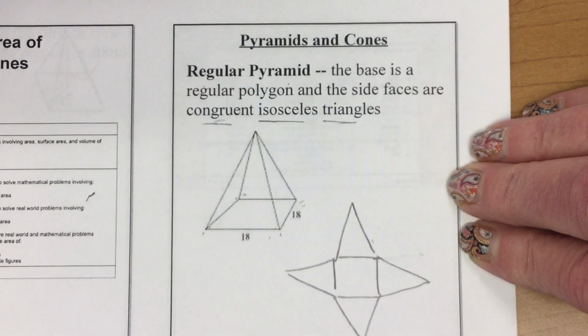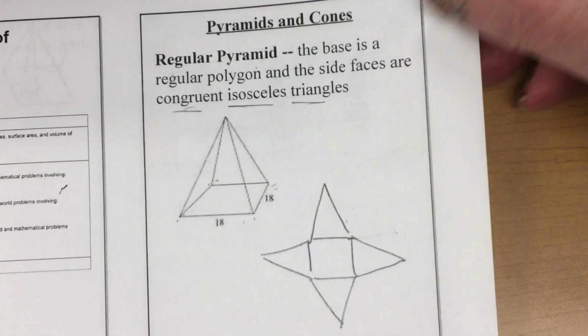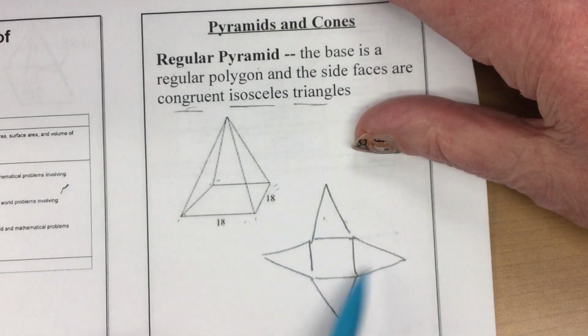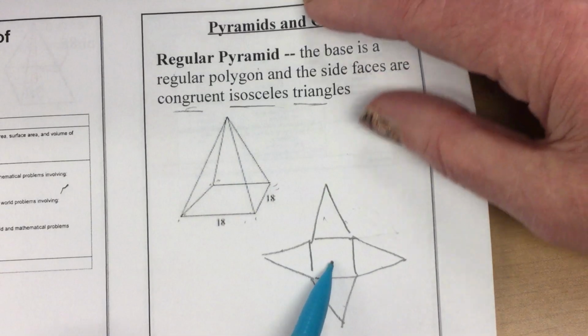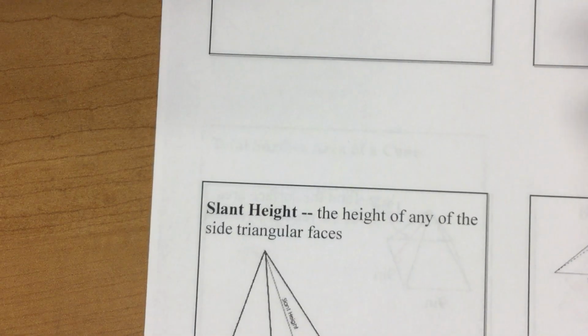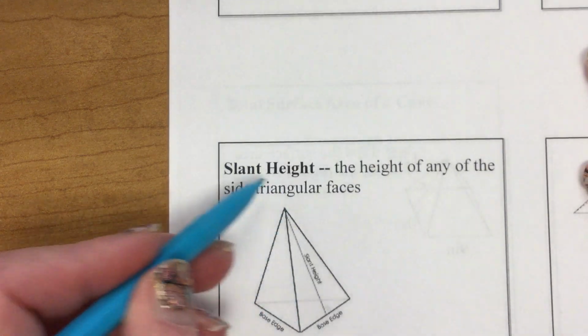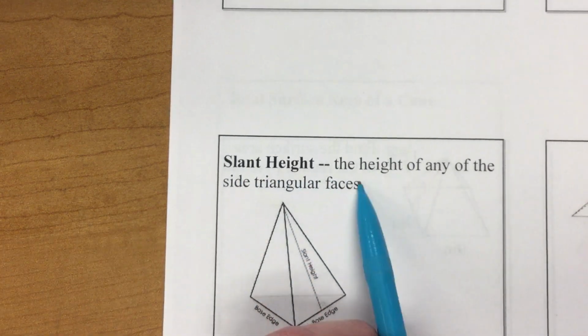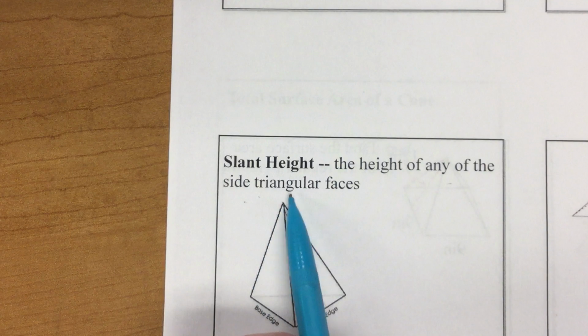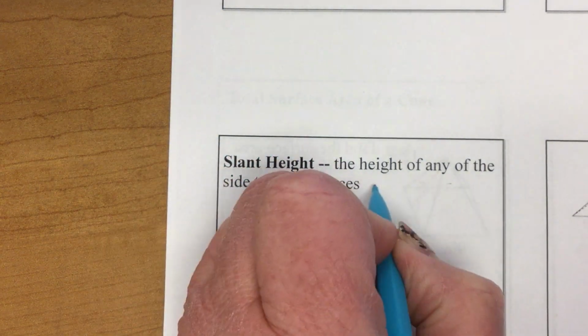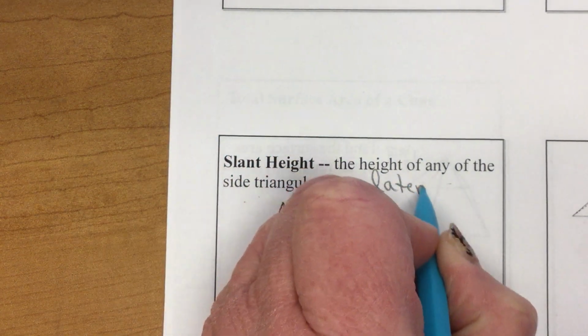There it is. So my net consists of 4 triangles and a square base. Slant height. The height of any of the side triangular faces, sometimes called the lateral height.